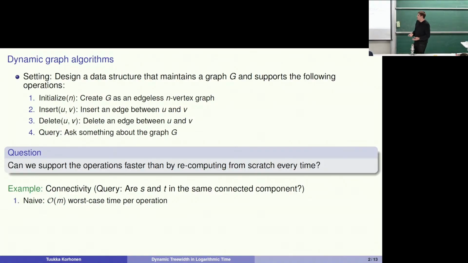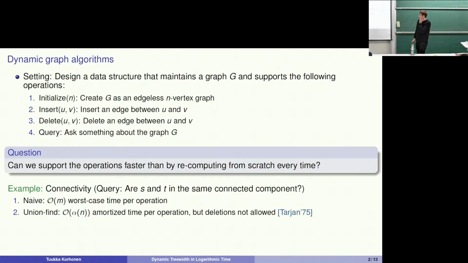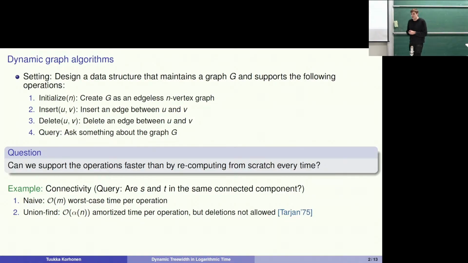We can do the naive thing, which is computing from scratch every time. We can run some DFS or BFS in O(m) time, where m is the number of edges. Then there is the union-find algorithm that some of you may know, which works in inverse Ackermann amortized time per operation. So it's really fast, but it only processes edge insertions, and not deletions.